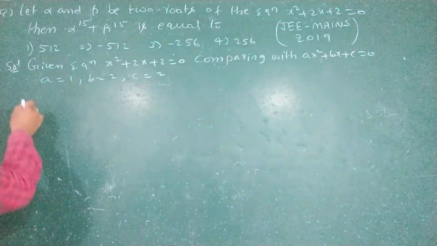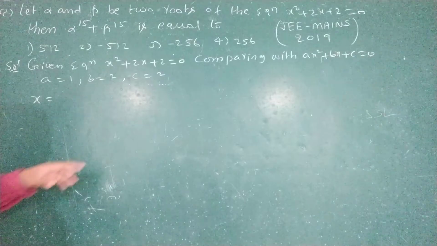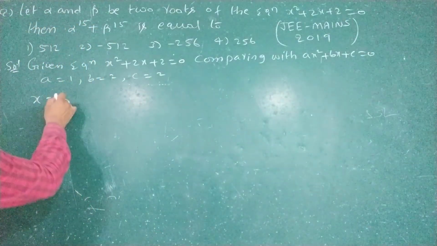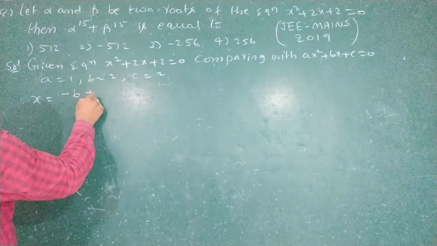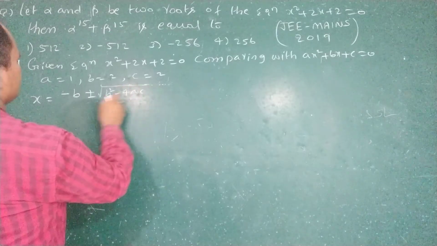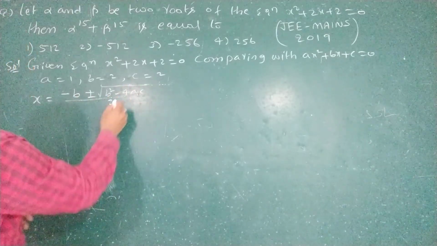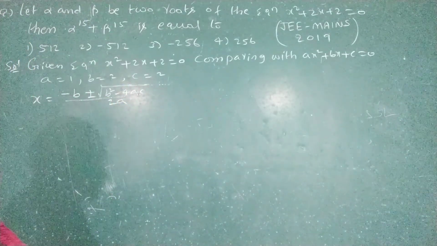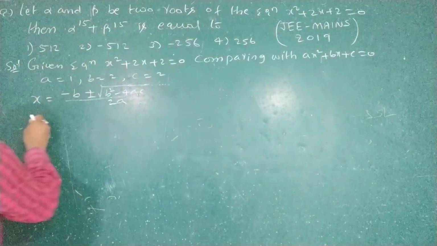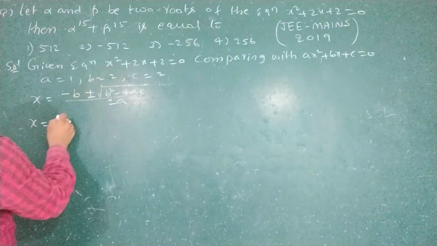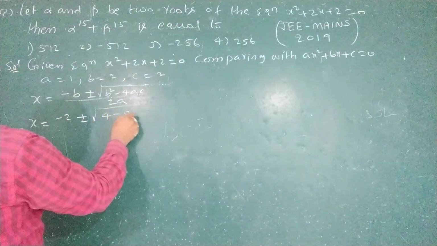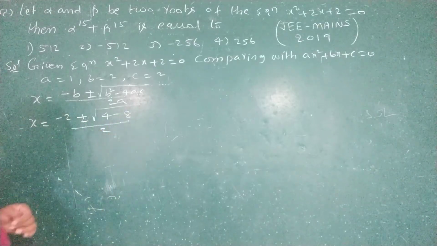According to the formula, roots of the quadratic equation ax square plus bx plus c is equal to 0 are minus b plus or minus root of b square minus 4ac, whole by 2a. Now, x is equal to minus 2 plus or minus root of 4 minus 8 by 2.